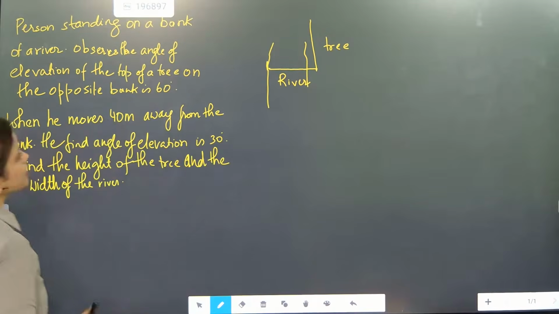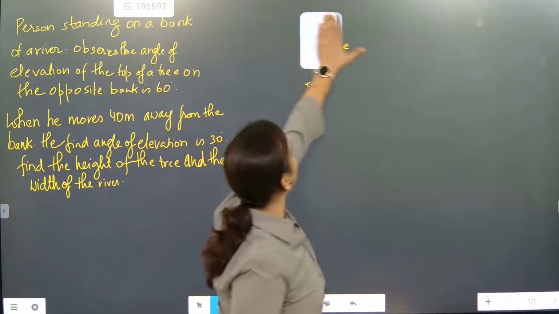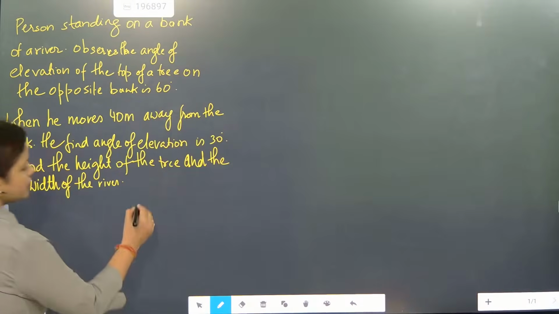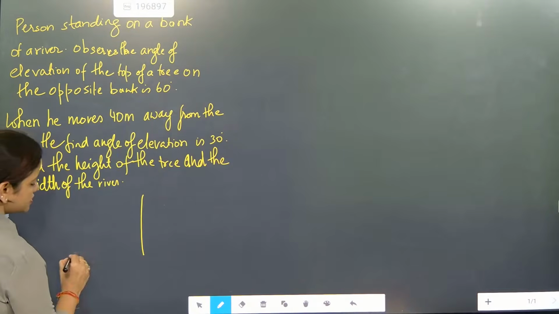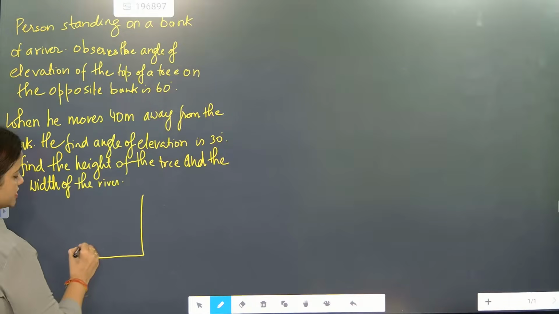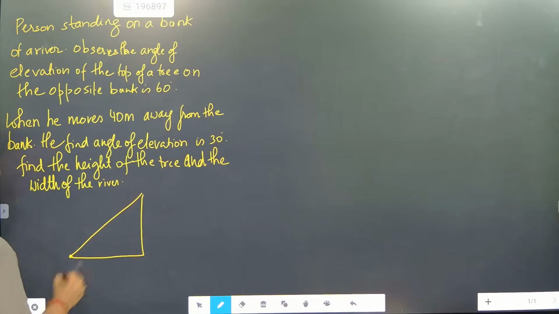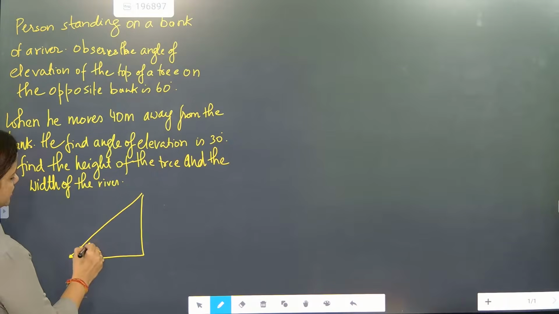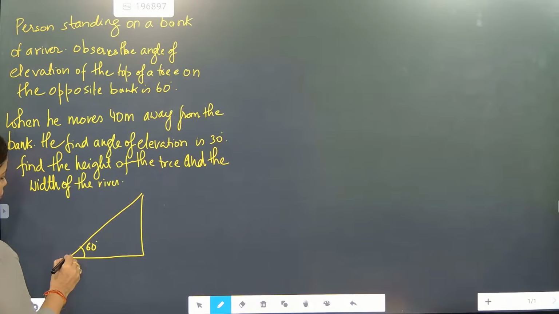Now look here, beta. This is exactly the tree we will draw. This is the tree and this is the river. And now I am standing here. From this place, I am seeing the top of the tree. It is exactly making what, beta? The person at the bank of a river observes the angle of elevation of the top of the tree as 60 degree. After some time, I moved from here.